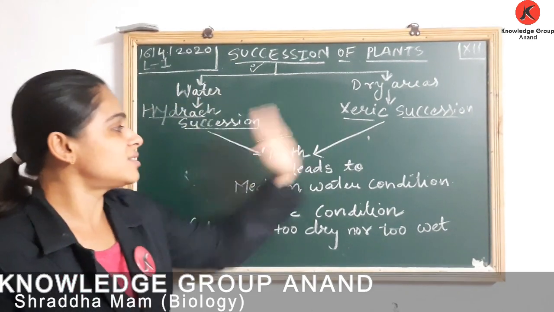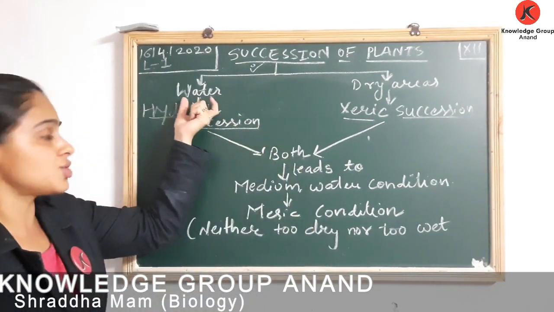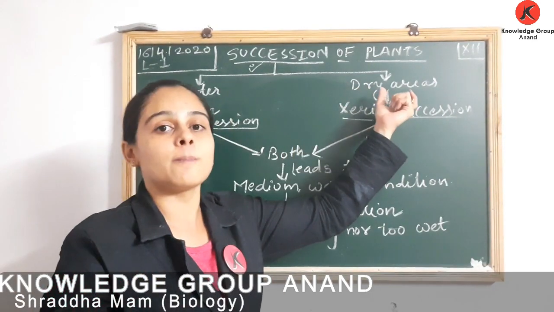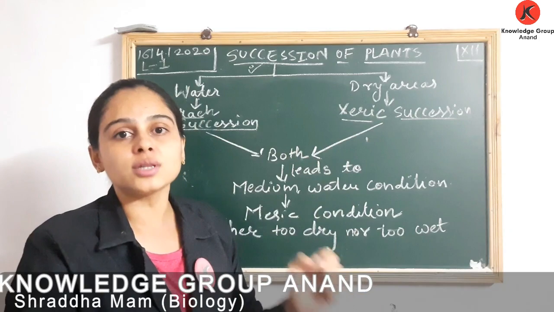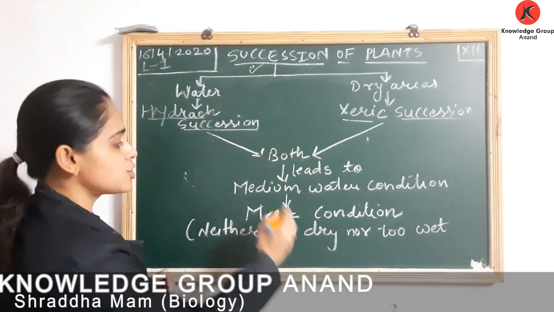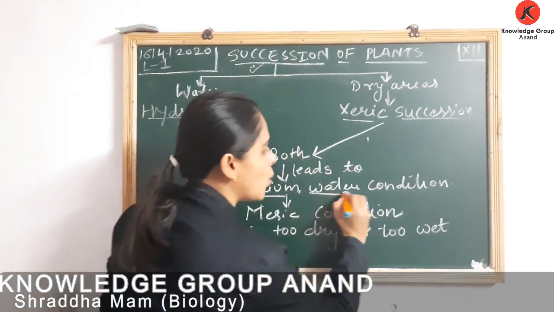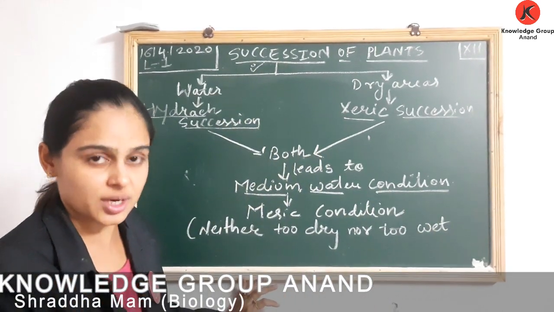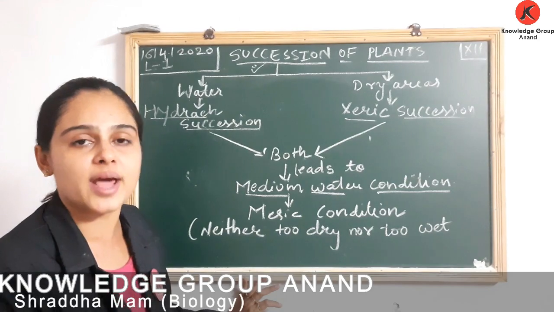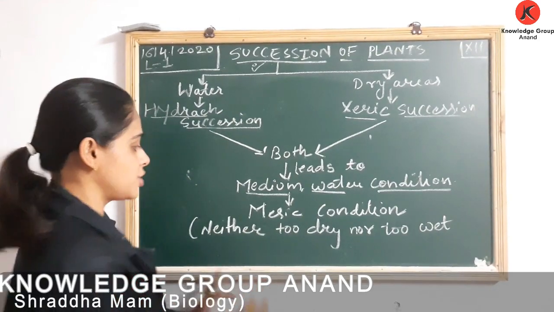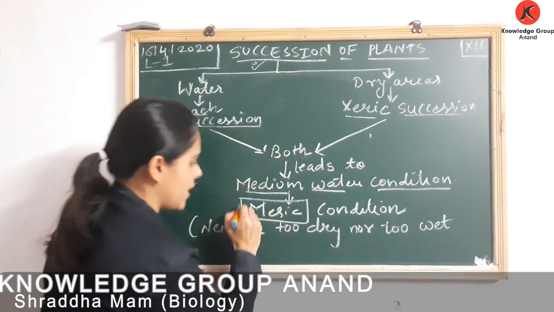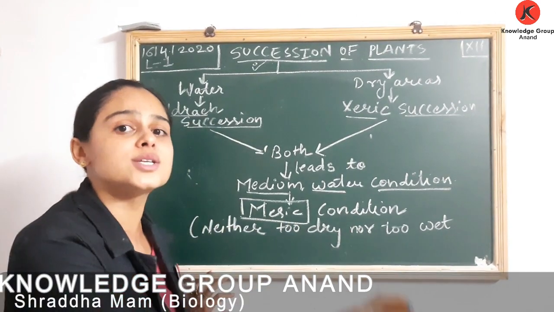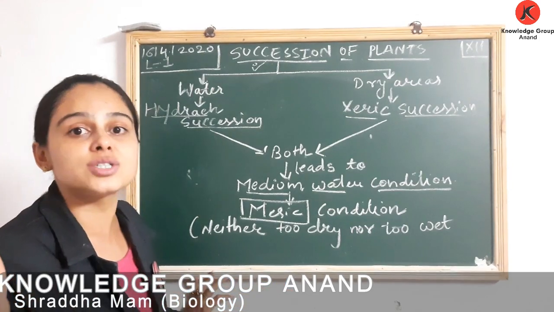Now whether succession begins from wet condition or from dry condition, both lead to a medium water condition, and this condition is called mesic condition. What is mesic condition? It is not too much dry, not too much wet.